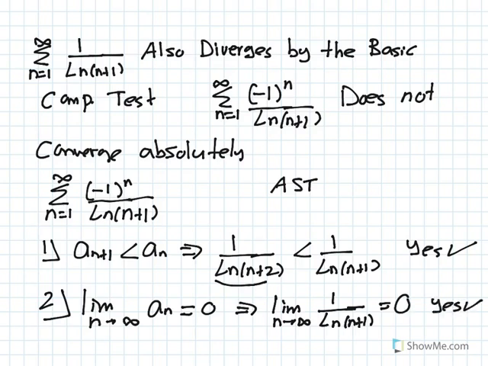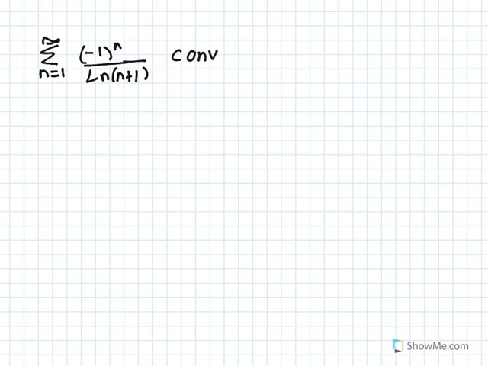Since both conditions of the alternating series test are satisfied, the summation n equals 1 to infinity, minus 1 to the power of n, divided by log of n plus 1, converges by the alternating series test. But the given series does not converge absolutely.